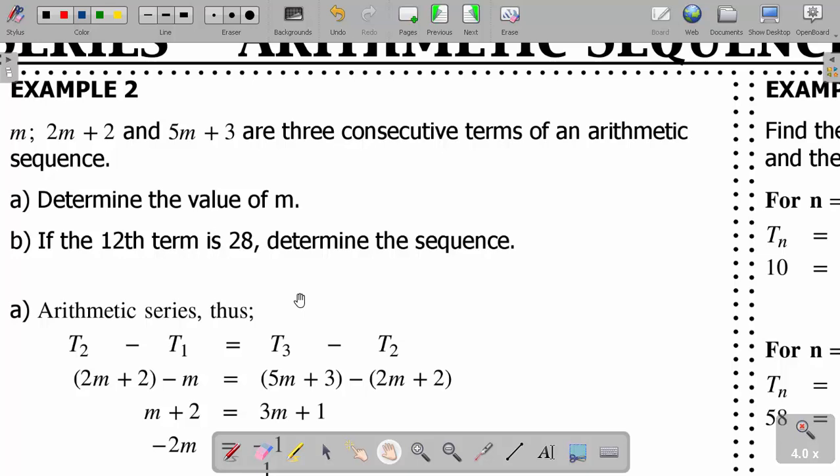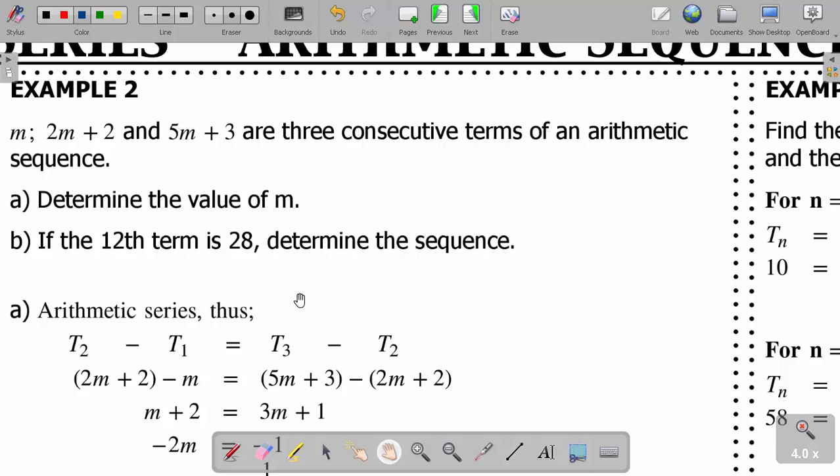Then what must we do? We must determine the value of m. So for that matter, what are we going to do to get our value of m?